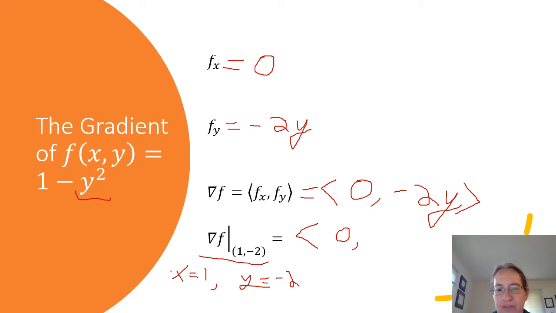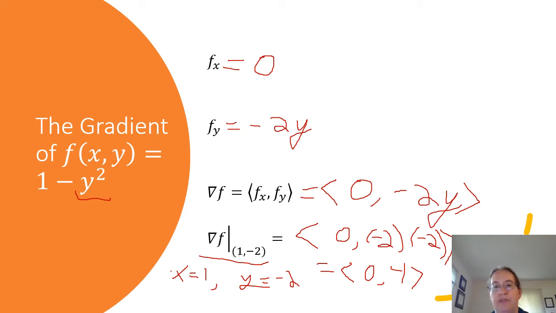And I plug in -2 every place there's a y. Okay, so I got the -2 that was there already, and then I plug in another -2. Okay, so wait, let me do a little arithmetic here. So what have I got? I've got 0, comma, 4. All right, so that's my gradient.